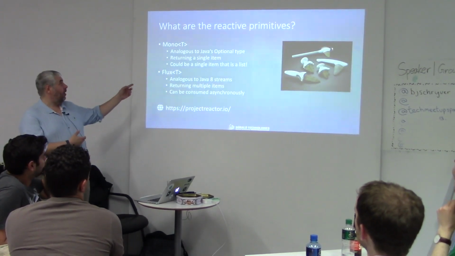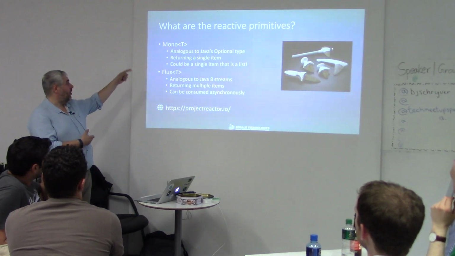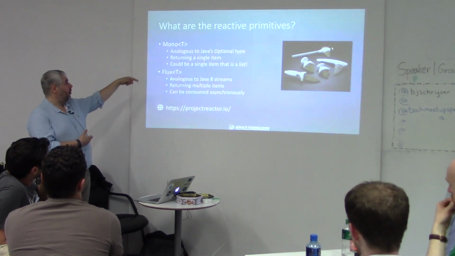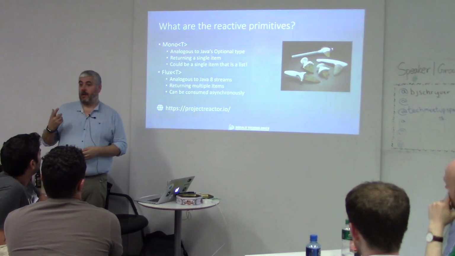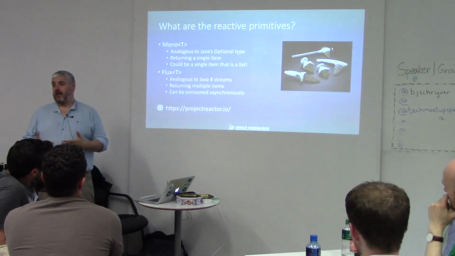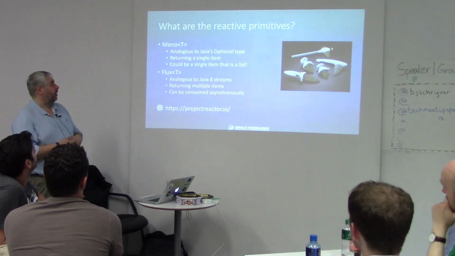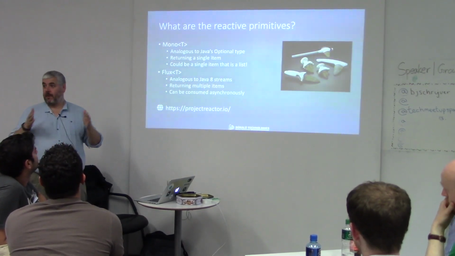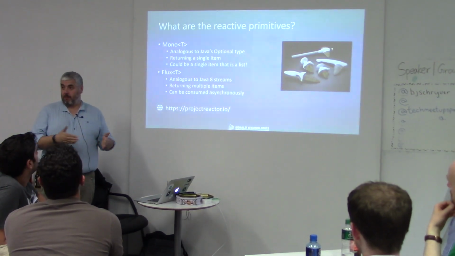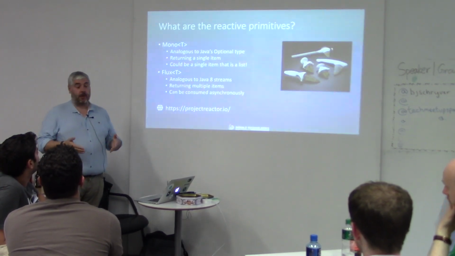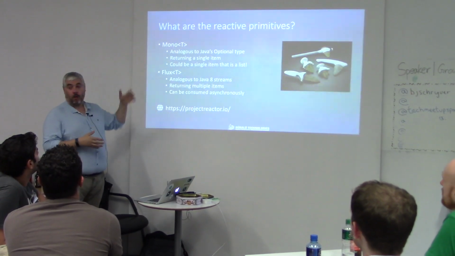So how does it work? It works because they support two entities that you return. One is a Mono, that's when you're returning a single item. It's sort of like a Java Optional, right? So instead of returning a POJO from your handler endpoint, you return a Mono of that POJO.